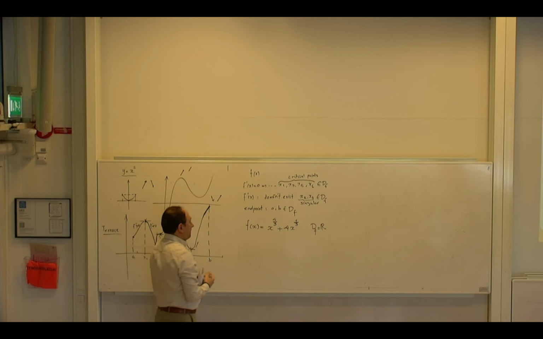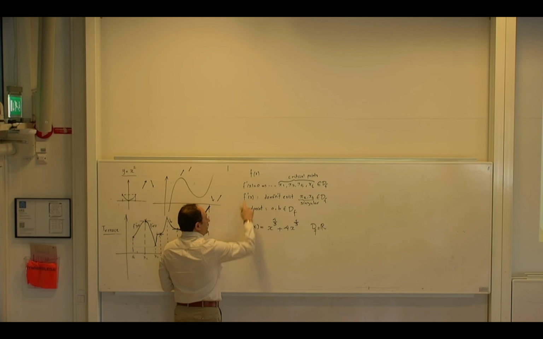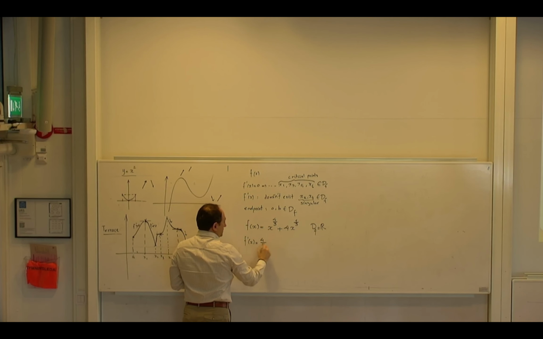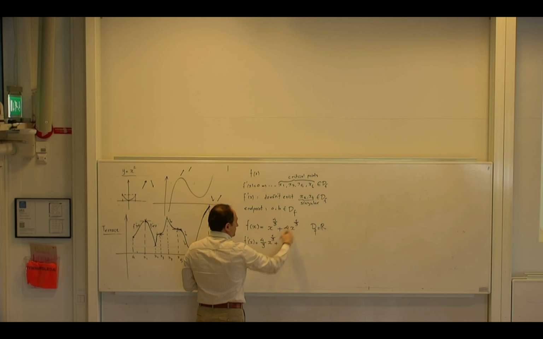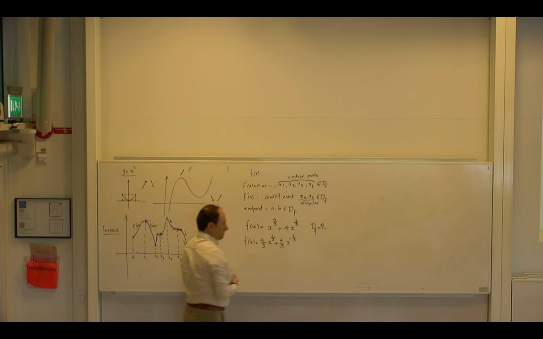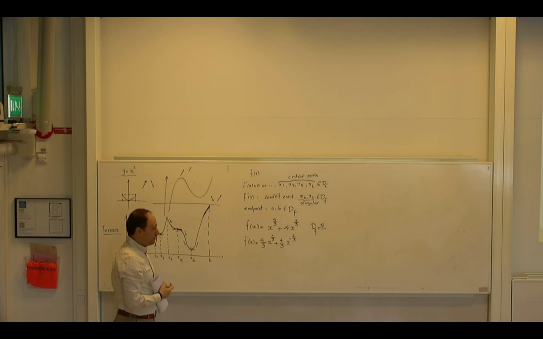So now what I will do, I will actually differentiate my function. So 4 over 3 goes down, then I have x to power 1 over 3, and then 1 over 3 goes down, which gives me 4 over 3 again, x to power minus 2/3. Yes, this is the derivative of my function.